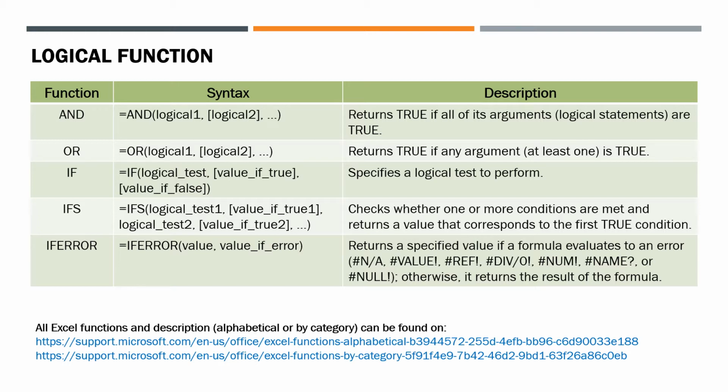So if there are some errors in the cells, you will not find #REF, #VALUE, #NUM or #NAME, something like that, because if #REF exists in your cells, it will distract your whole formula or your whole calculation.